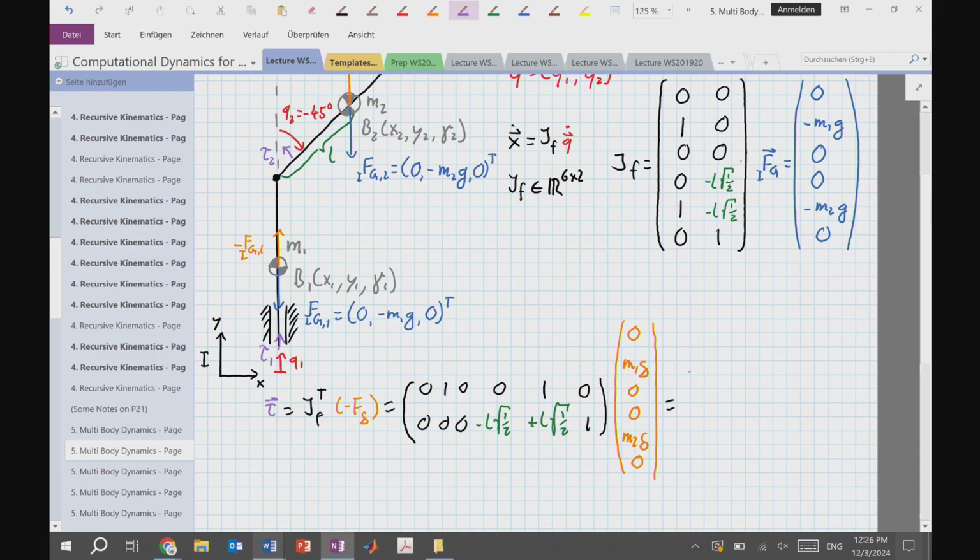Multiply everything together. I will end up in my top row with m1g plus m2g, and in the bottom row with L1 over 2 m2g. So what we expected, and we see here these lever arms at work.